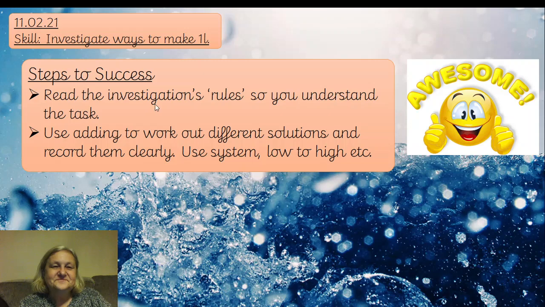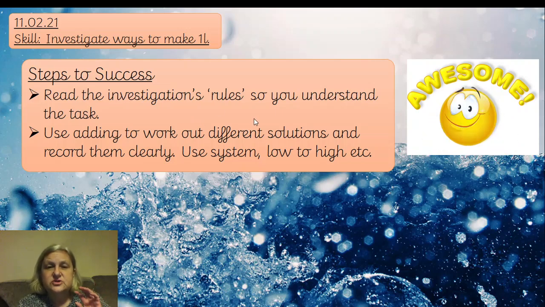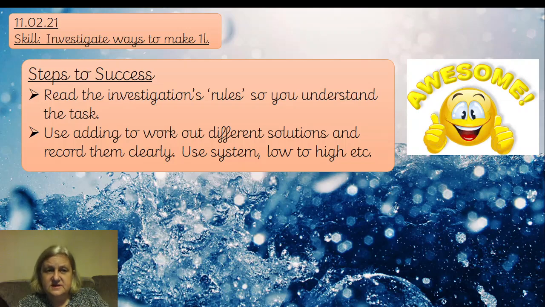Okay, so your steps to success: read those investigation rules. The investigation has its rules so that you really understand that task. They are two different tasks, the guided one and the second one, the one that's on your paper, and the rules are slightly different.